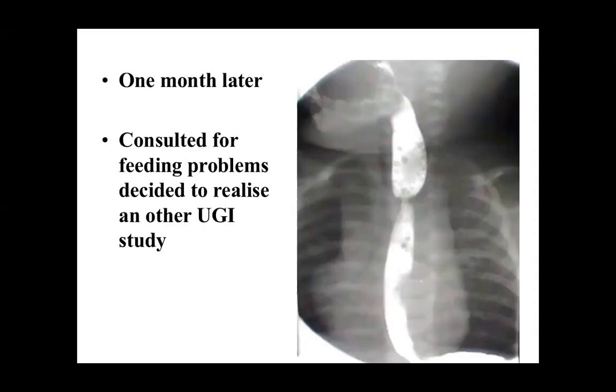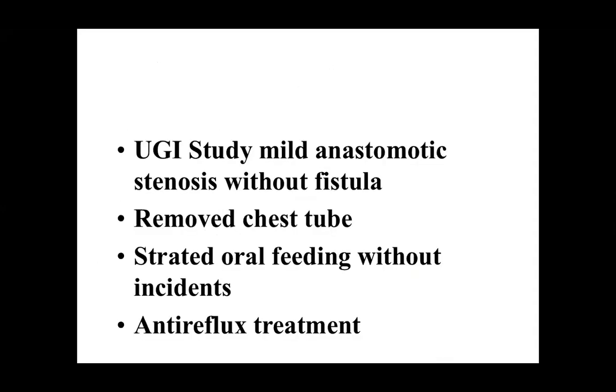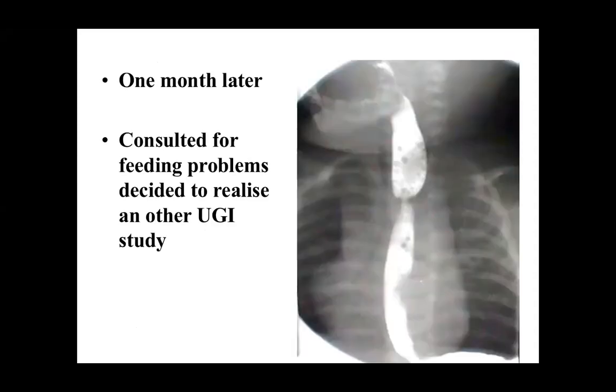Okay, so this patient had an upper GI study that showed mild anastomotic stenosis without fistula. So we removed the chest tube and we started oral feeding without incidents, and the patient was discharged home with anti-reflux treatment.